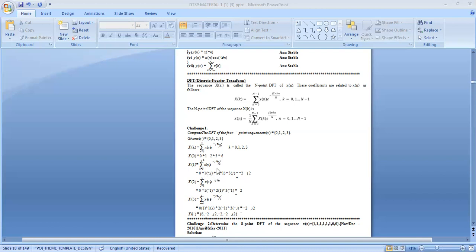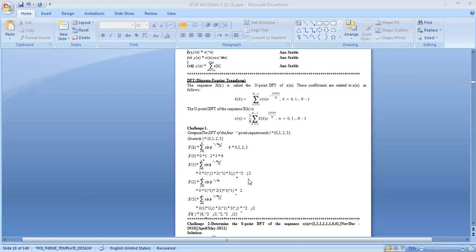Next one, x of 2 times e power minus jπ. What is that? cos π minus j sin π. So sin π is 0, cos π is minus 1. Now we have 2 times minus 1 plus x of 3 times e power minus j 3π by 2. x of 3 is 3, and e power minus j 3π by 2 is plus j.